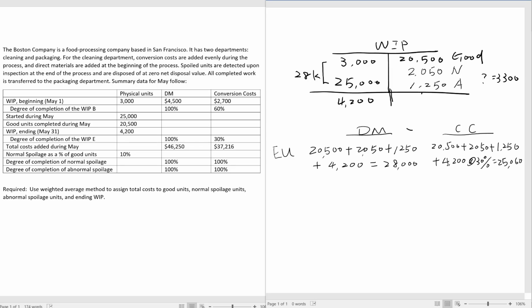Note that 4,200 units are 30% conversion cost used. Therefore, we use 30% here.